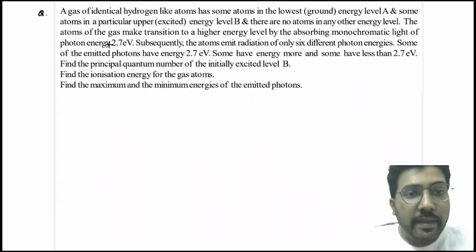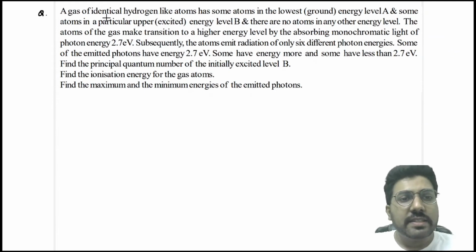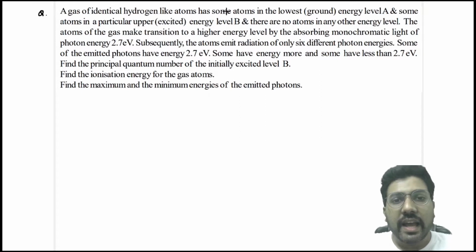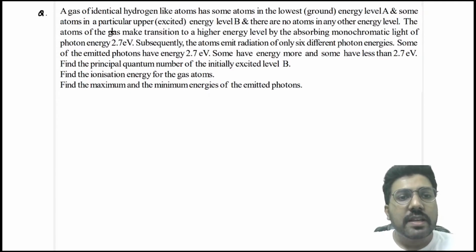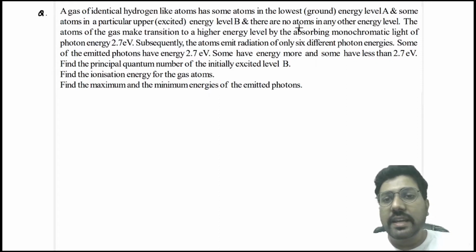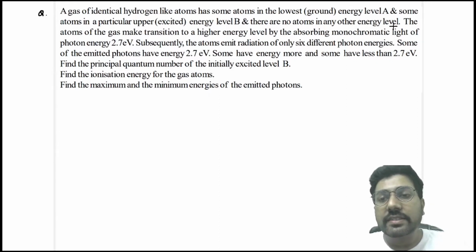In this question, it is given that a gas of hydrogen-like atoms has some atoms in the lowest energy level A and some atoms in a particular excited level B, and there are no atoms in any other energy levels.